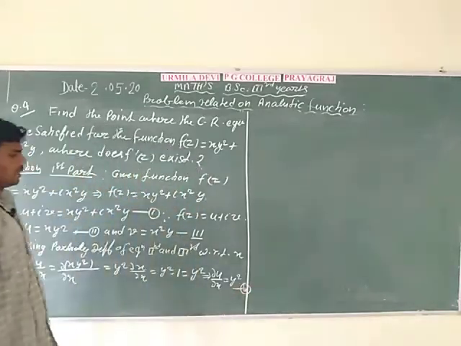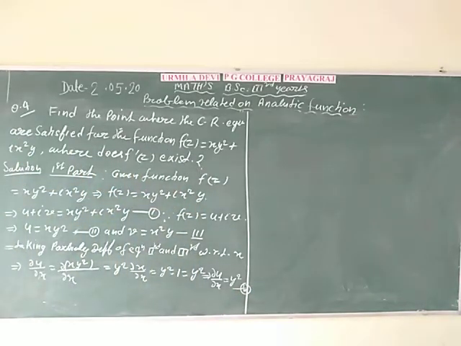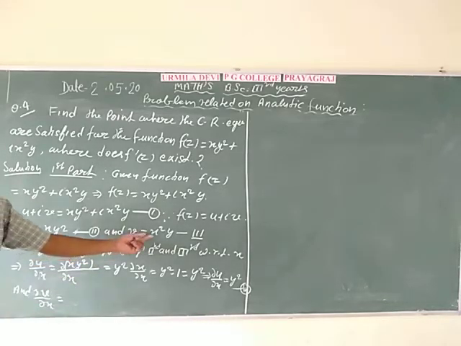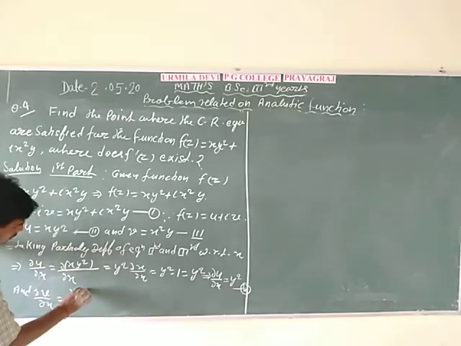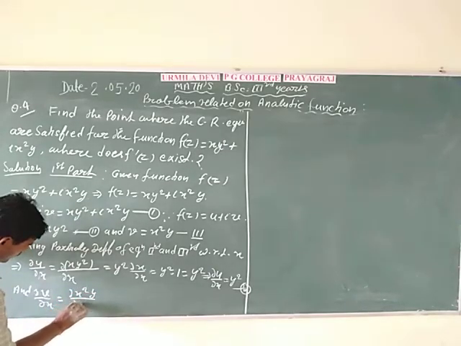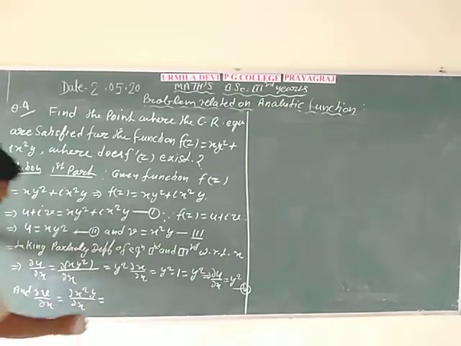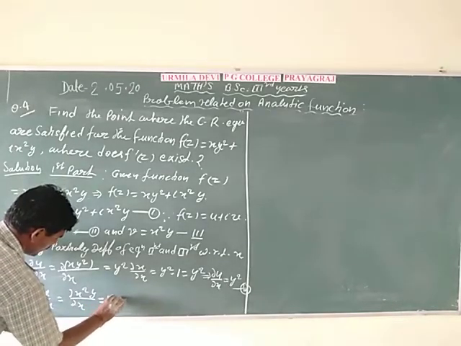In equation 4, the value of ∂u/∂x is y². Now ∂v/∂x: the value of v is x²y, so ∂(x²y)/∂x = y times 2x.